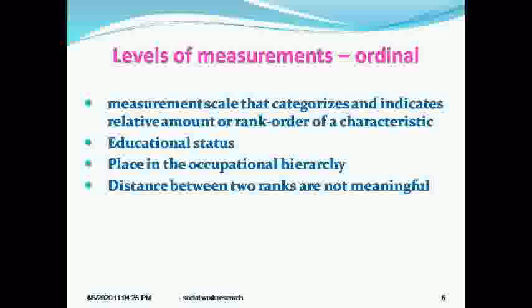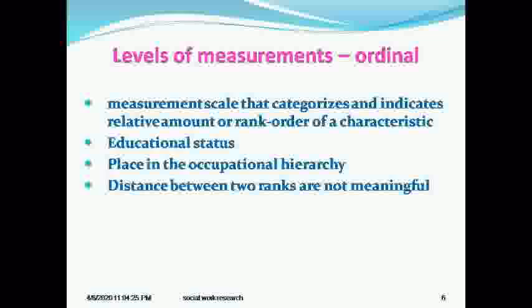Now, when we speak about the educational status of a person, it can be illiterate or literate. If he is literate, it can be primary education, secondary education, and higher education. We can find an occupational hierarchy.